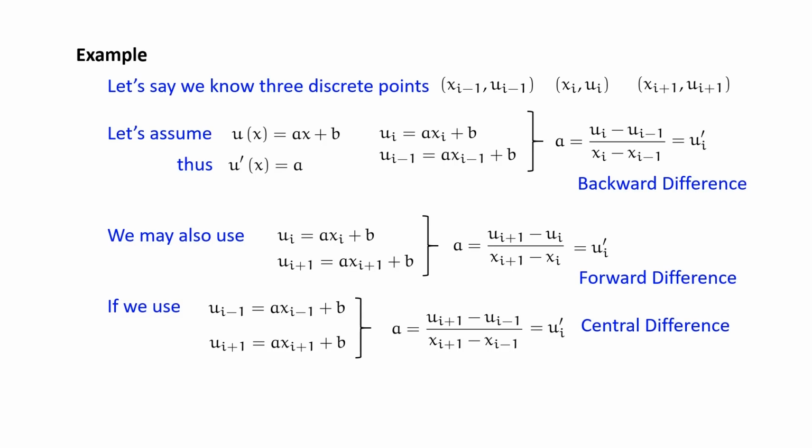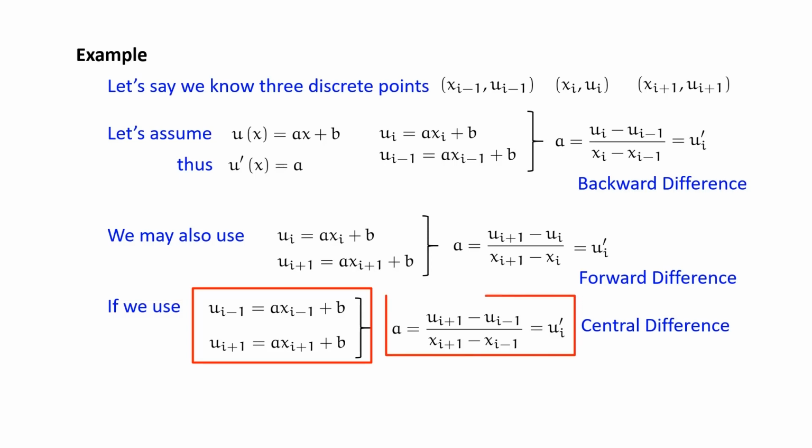Finally, if we use u_{i-1} and u_{i+1}, then again we have u_{i-1} equals a x_{i-1} plus b, u_{i+1} equals a x_{i+1} plus b. We can solve these two equations to find a, and my a is (u_{i+1} minus u_{i-1}) divided by (x_{i+1} minus x_{i-1}), and this is exactly the central difference expression for u prime at i.